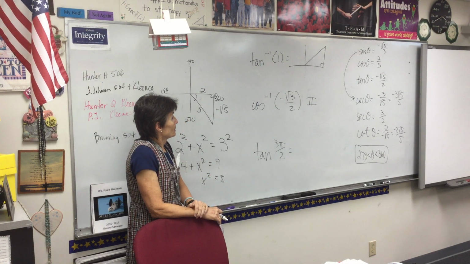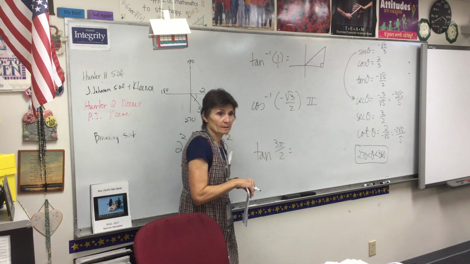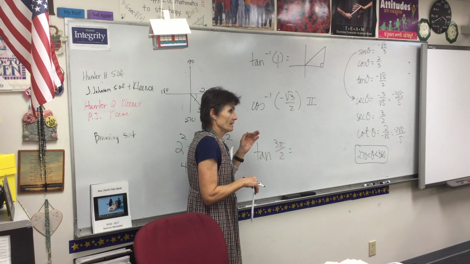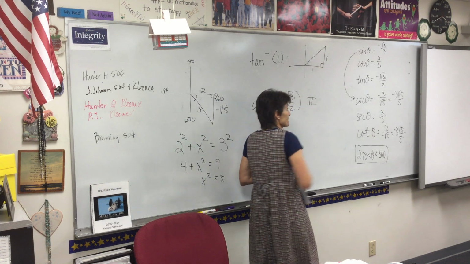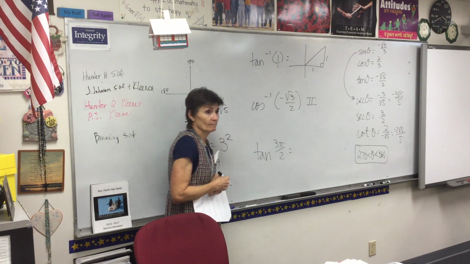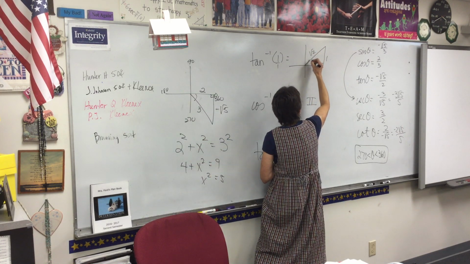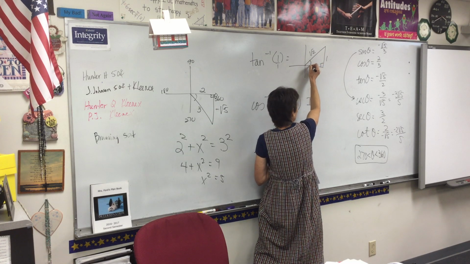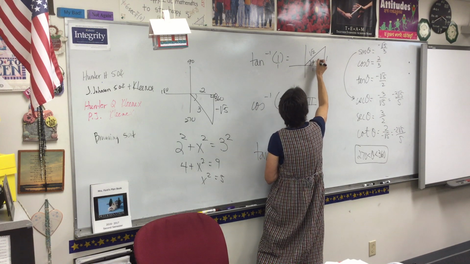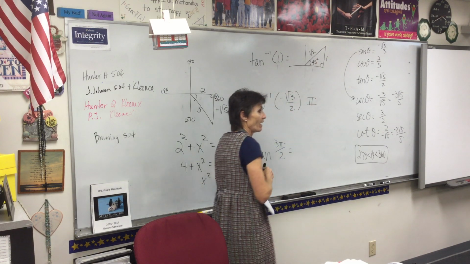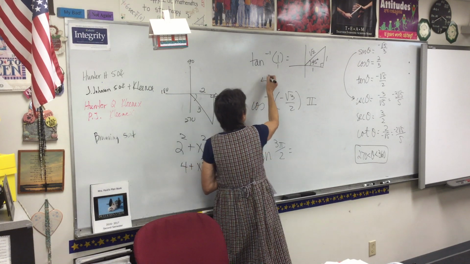The tangent is 1 over 1, opposite over adjacent, so the hypotenuse has to be root 2, which tells me the angle has to be 45. That's the answer to the question.